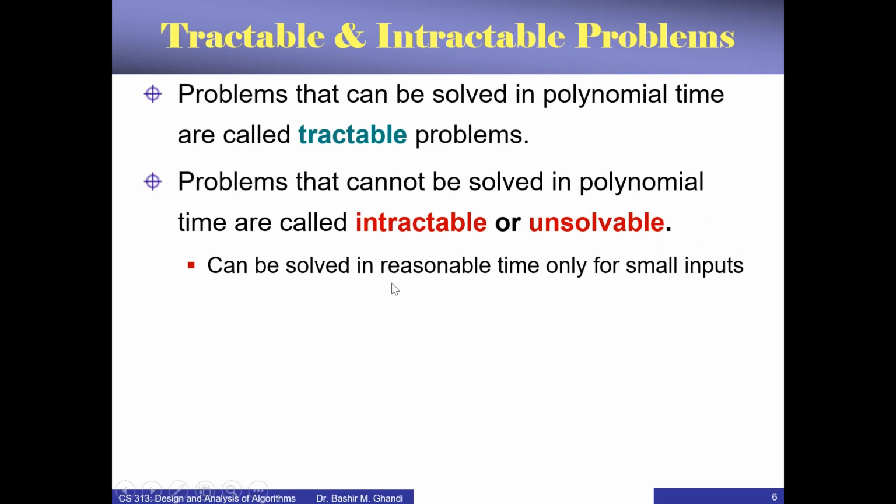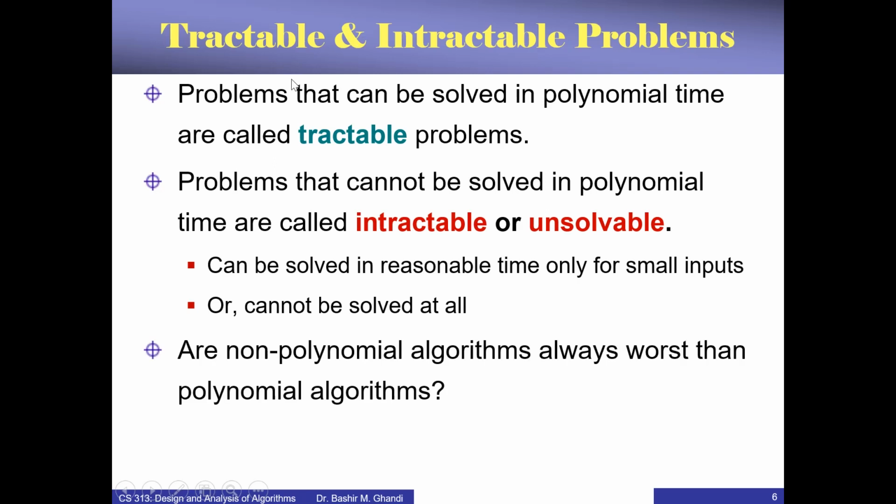That is, they can be solved in reasonable time only for small input sizes, or cannot be solved at all. All right, theoretically or technically, this is the difference between the two.